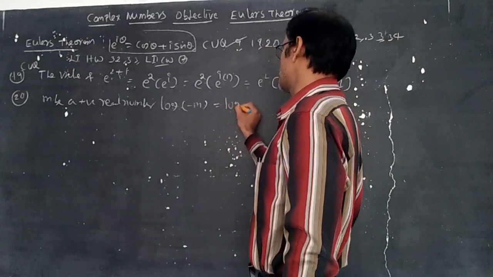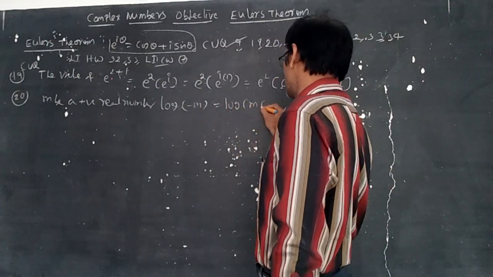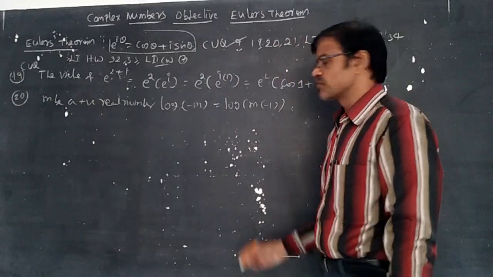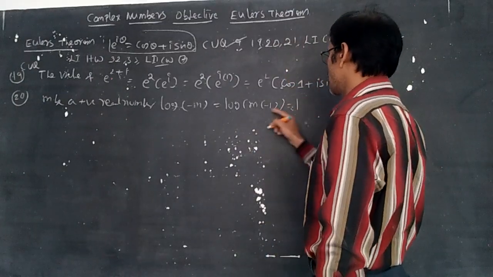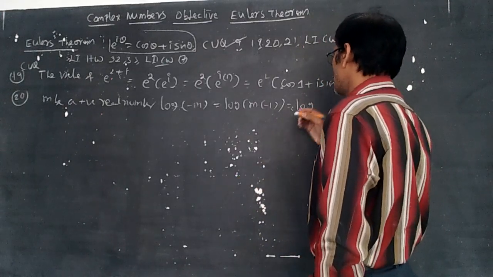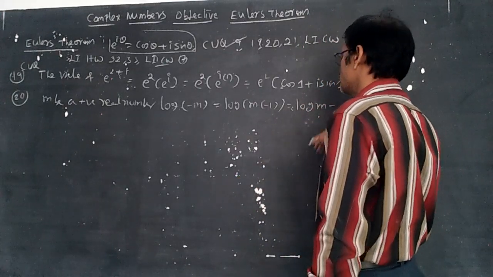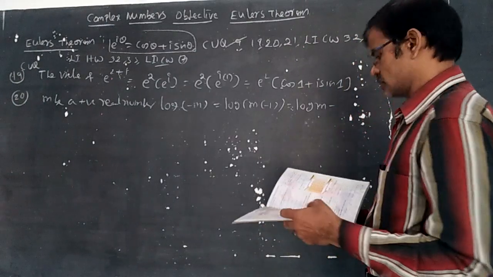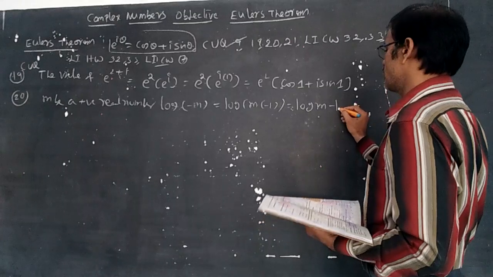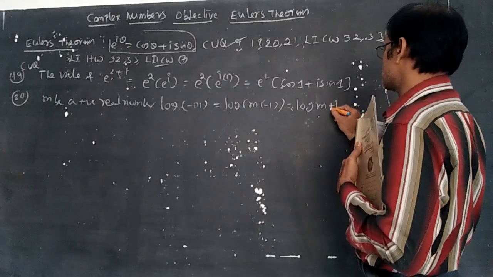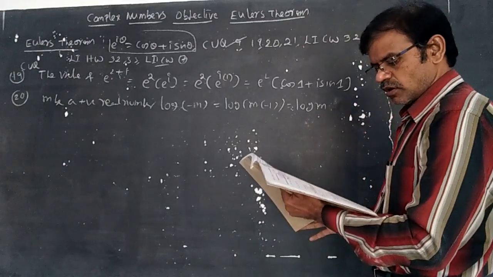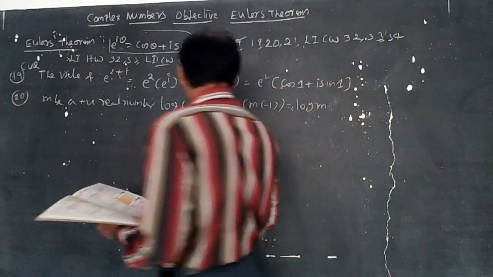So this can be understood as log m into minus 1 because m is a positive number. So log AB concept: log A plus log B. Log of minus 1 is not correct.